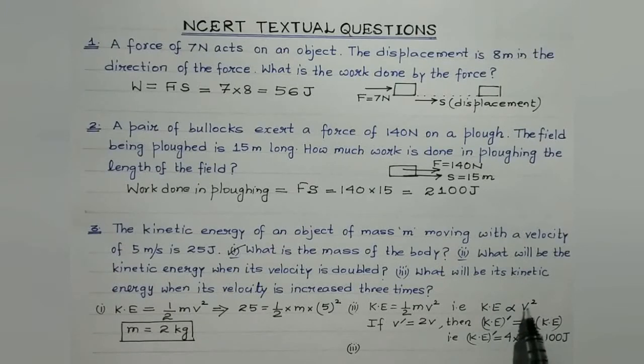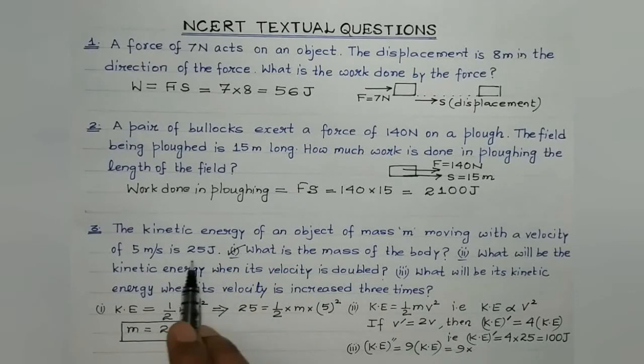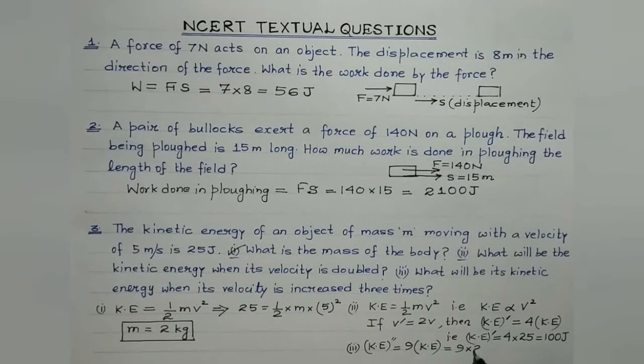When the velocity is made 3 times, kinetic energy will become 9 times. So the new kinetic energy would be 9 times the original kinetic energy. So it would be equal to 9 multiplied by the original kinetic energy, which is given to be 25 joule. So it will be equal to 225 joule.